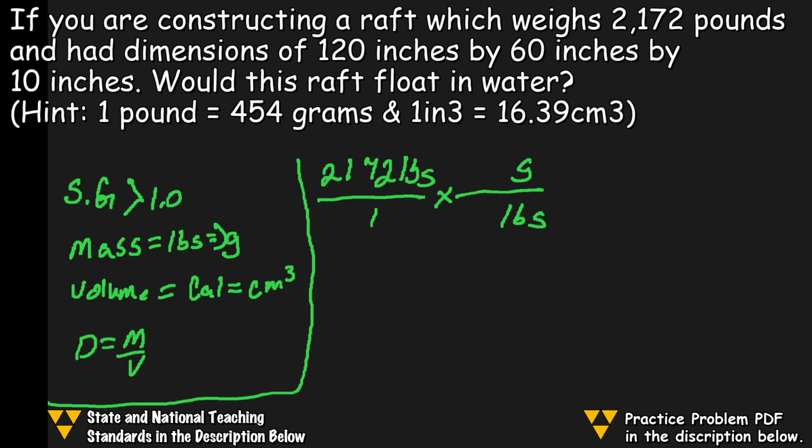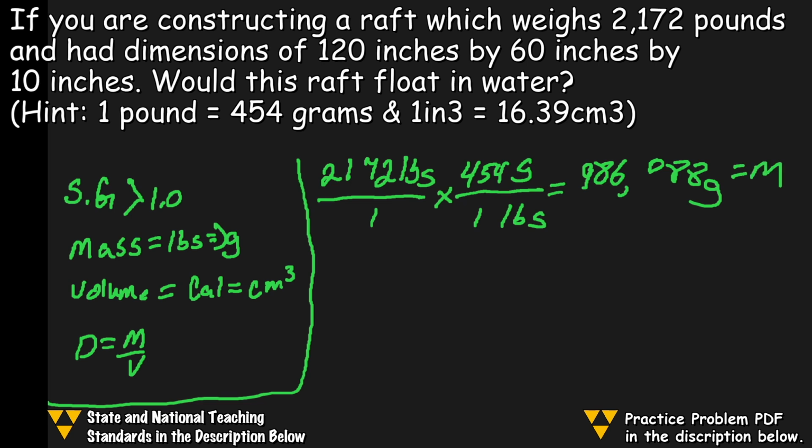Well, our relationship gives us that there is 1 pound in every 454 grams. So if we multiply that out, I get a ridiculous number of 986,088 grams. So this can be our mass if you just want to know that.